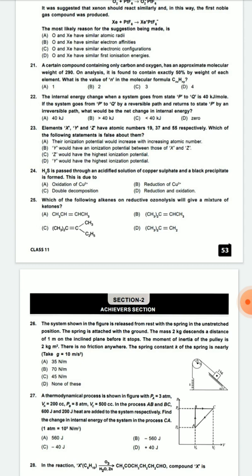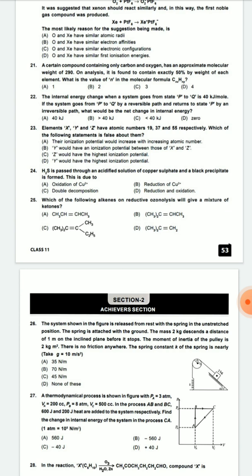Question number 25. Which of the following alkenes on reductive ozonolysis will give a mixture of ketones? A is CH3CH=CHCH3. Option B, (CH3)2C=CHCH3. Option C, (CH3)2C=C(CH3)C2H5.